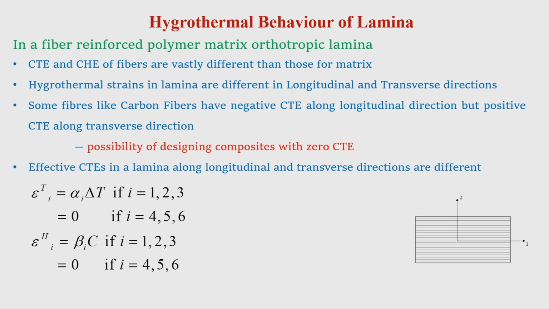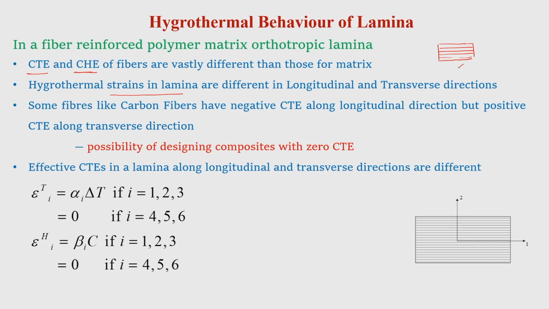Okay. Now, the coefficient of thermal expansion and coefficient of hygroscopic expansion of fibers are vastly different from those for the matrix, just now we have discussed. Okay. They are different, and as a result the hygrothermal strains in a lamina are different in longitudinal and transverse direction. That means, if you have a lamina, these are the fiber direction. Okay.